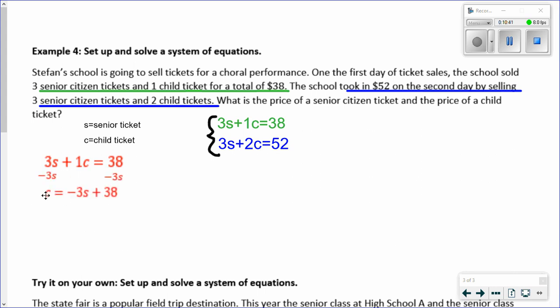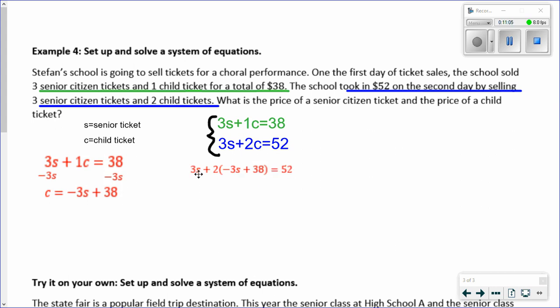Okay? That'll leave me with c equals negative 3s plus 38. Now that I have that, I can plug it in for this c right here. So I have 3s plus 2 times the c here, the negative 3s plus 38. And that all will equal 52.